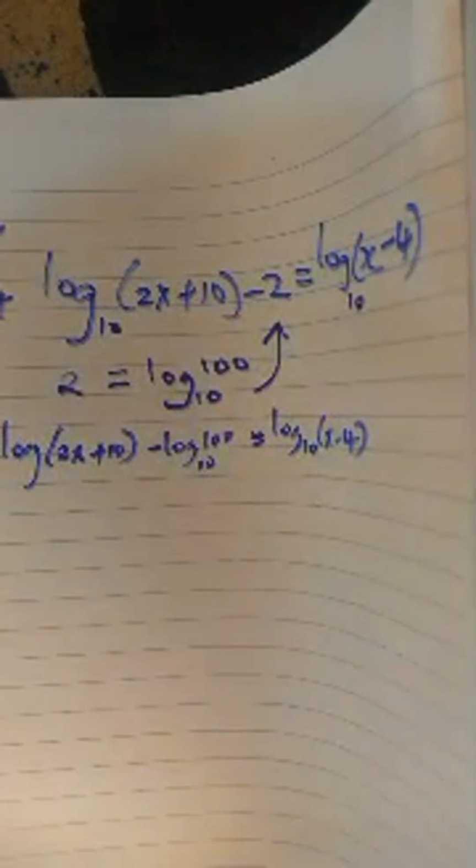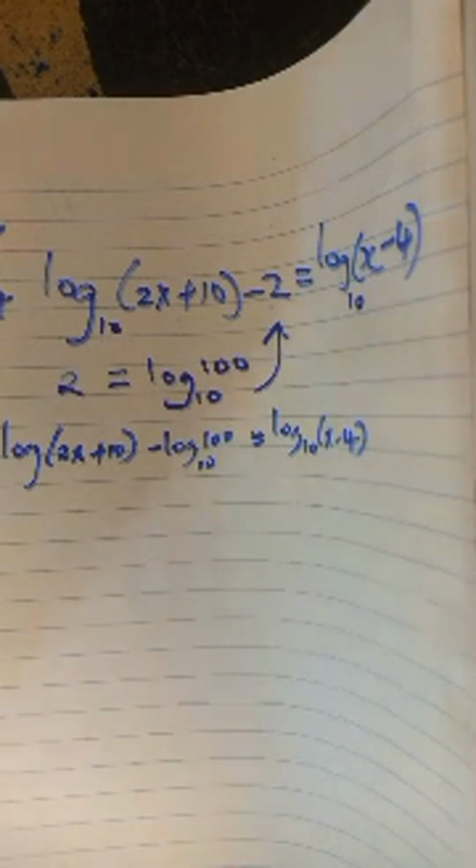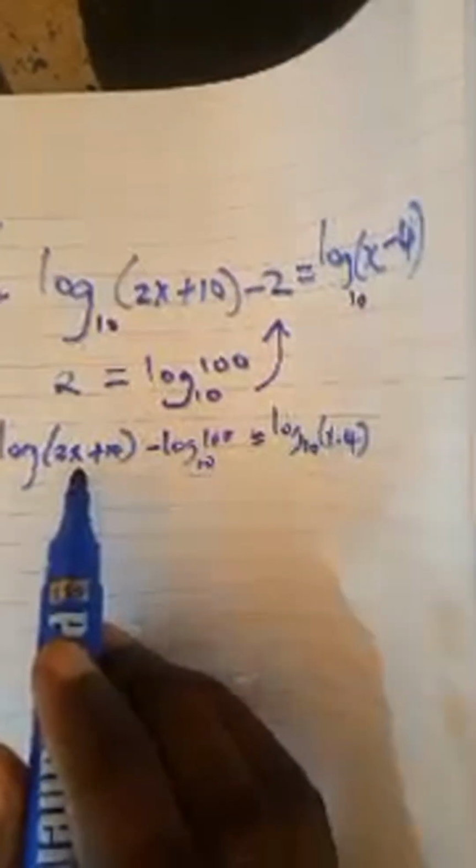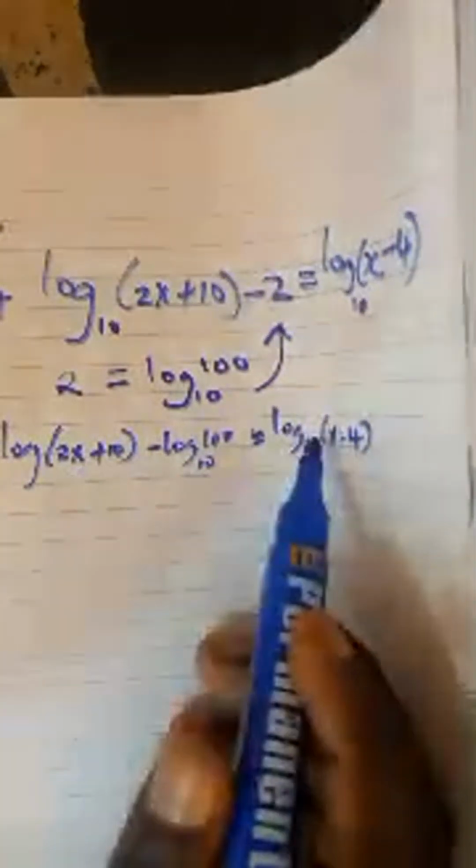So the next step, I can try collecting like terms. The ones with x, I can bring them to one side, and the ones without x.